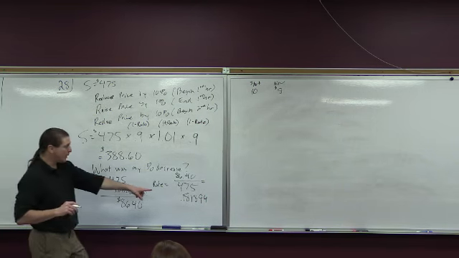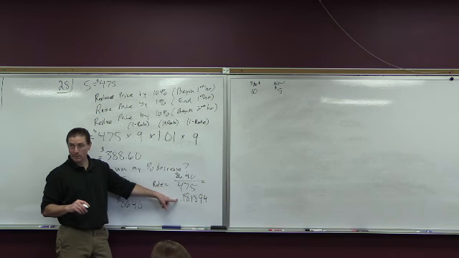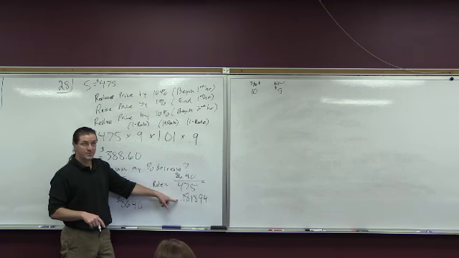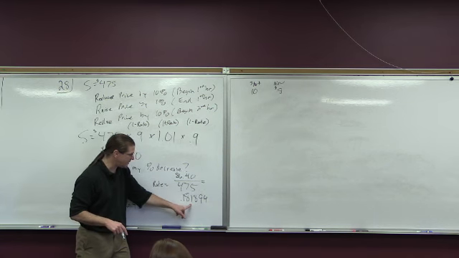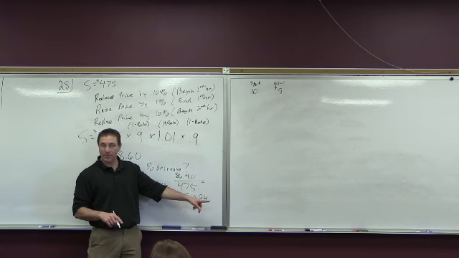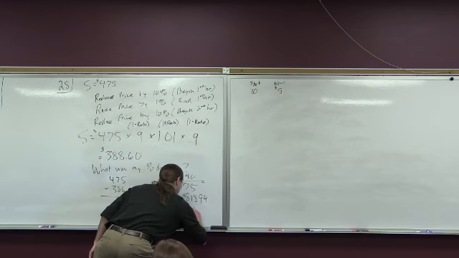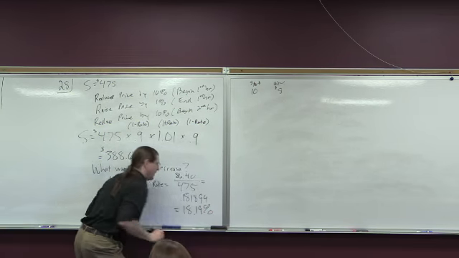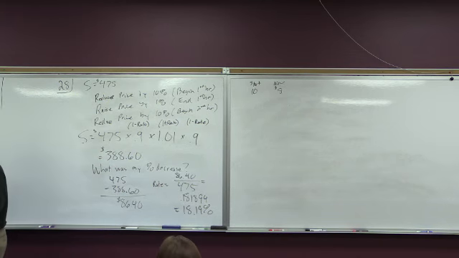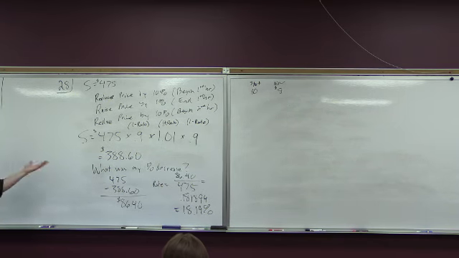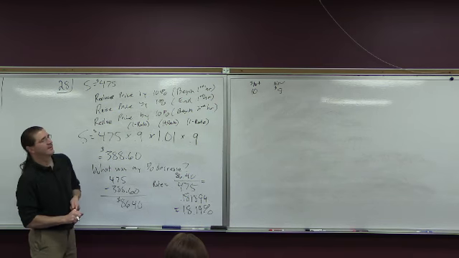This is the decimal representation. What do I got to do? Change it to a percent, right? So it's really 18.1894%. Round to the nearest hundredth. 18.19%. Very awesome problem.